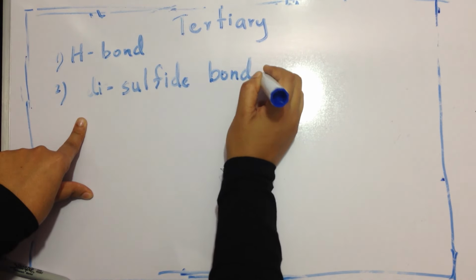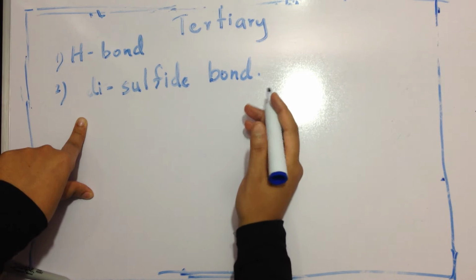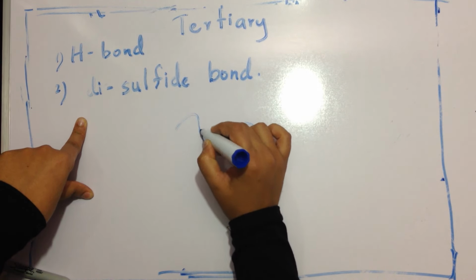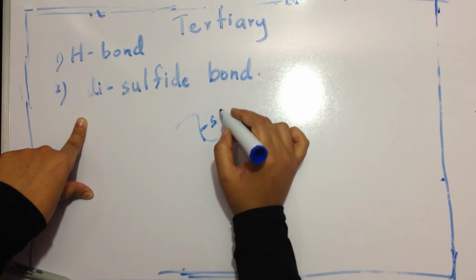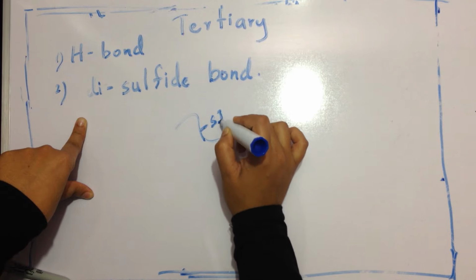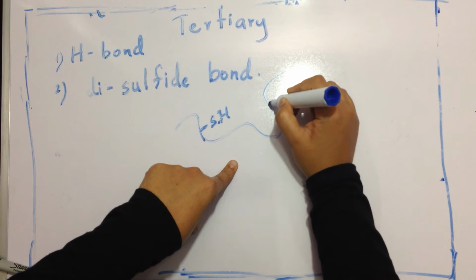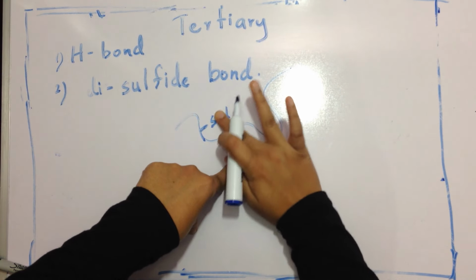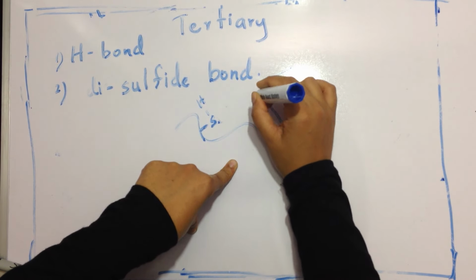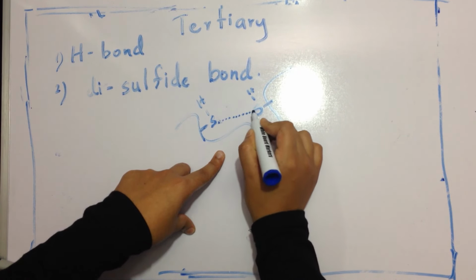Okay, so a disulfide bond is formed between sulfurs in two different amino acids. For example, let's say this is a chain, and in the chain there is an amino acid which contains sulfur, like methionine or something like that, SH, and there's another chain that also contains S and H. So these two sulfurs form a bond between them.